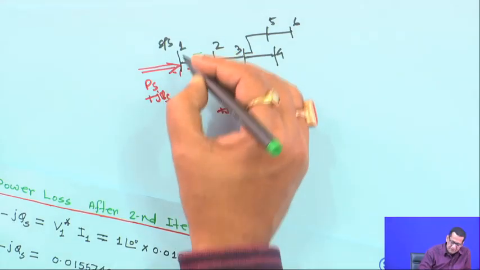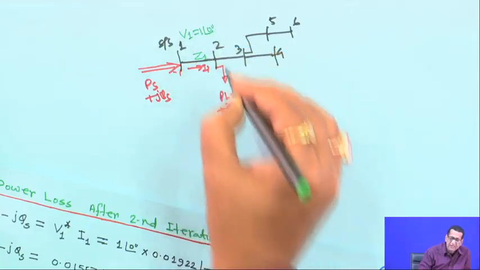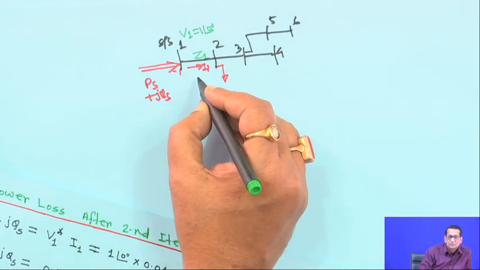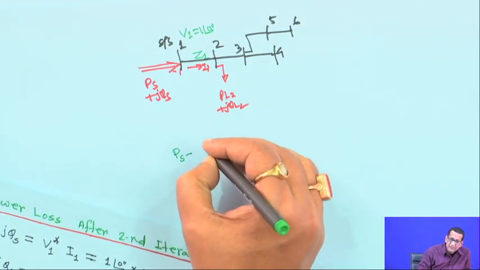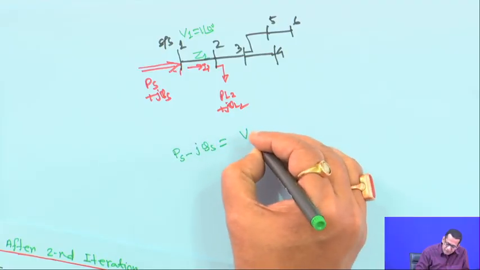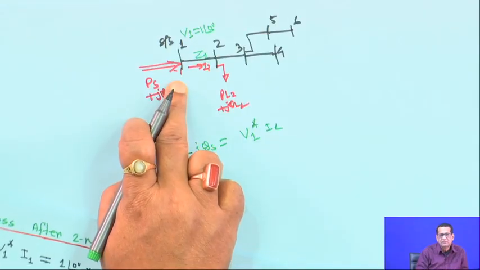From the load flow studies, you know the branch current I1, and the substation voltage V1 is known to you, in this case 1 angle 0. So the current is known from the load flow studies. Then you can write the equation PS minus jQS is equal to V1 conjugate I1. This is the power coming from the grid to the substation.